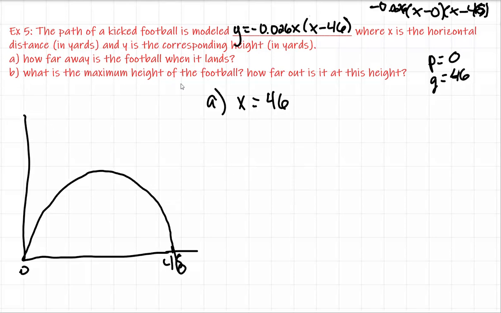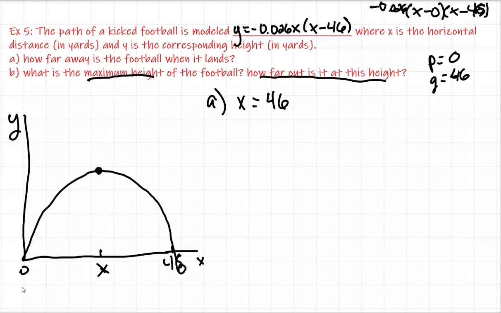So now part B, what is the maximum height of the football? Well, that's going to be at the vertex, right? That's going to be at the highest point. And in order to find that maximum height, that's the y value, because remember, y is representing our height. The first thing we need to do is find how far out it is at this height. So the x value.